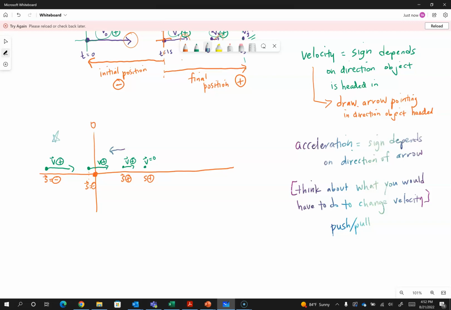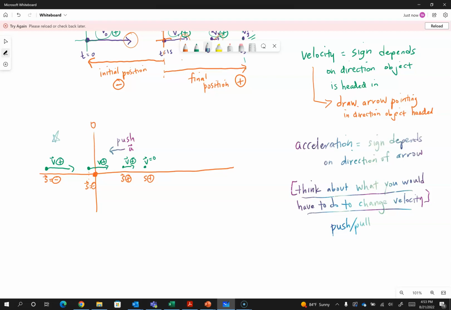If acceleration is a result of having some sort of net force, that's why you can think about what you would have to do to change the velocity. If I would have to push on my friend to the left in order to make my friend slow down on their skateboard, that means the acceleration would be to the left.